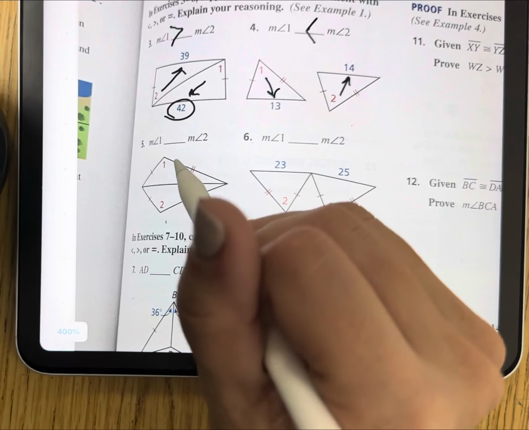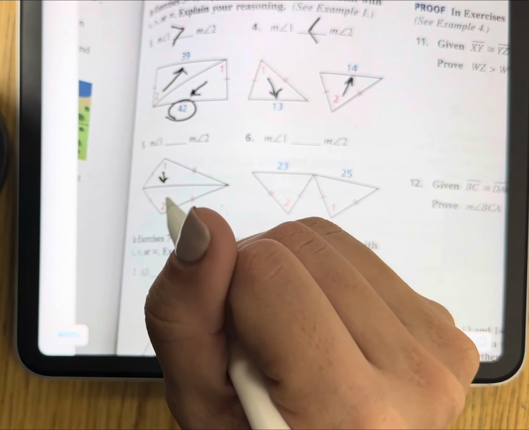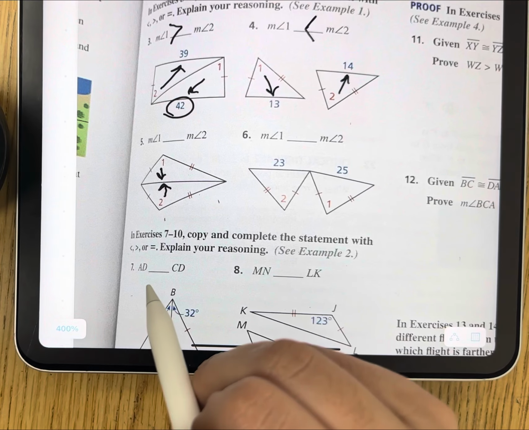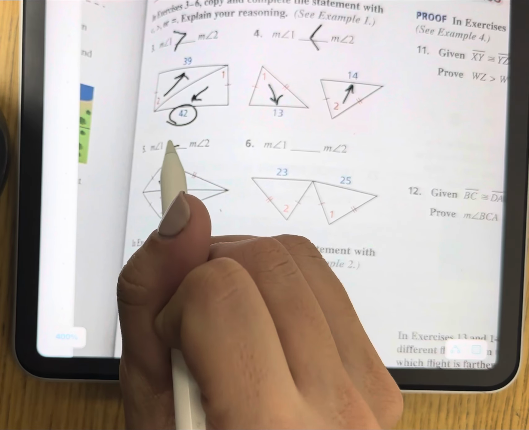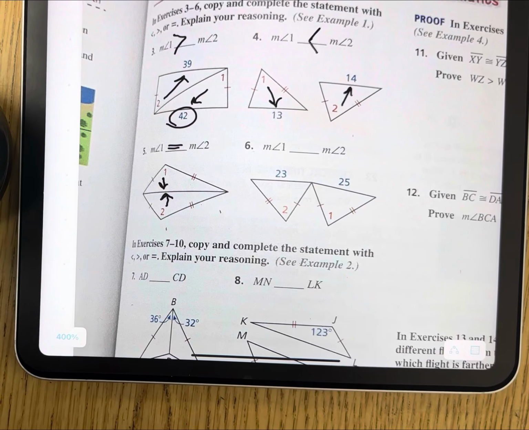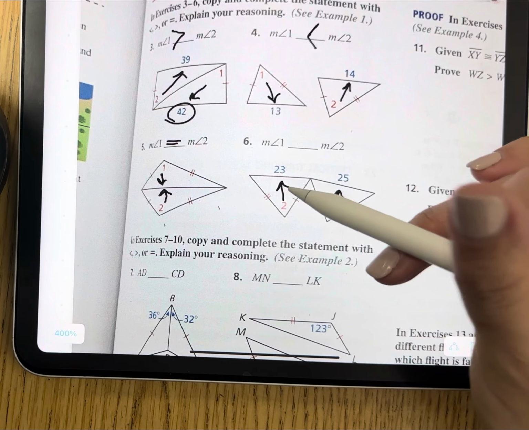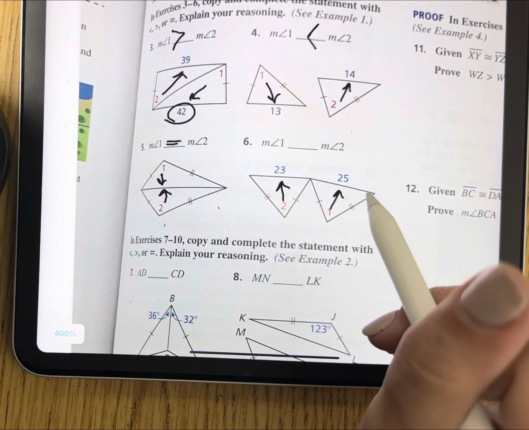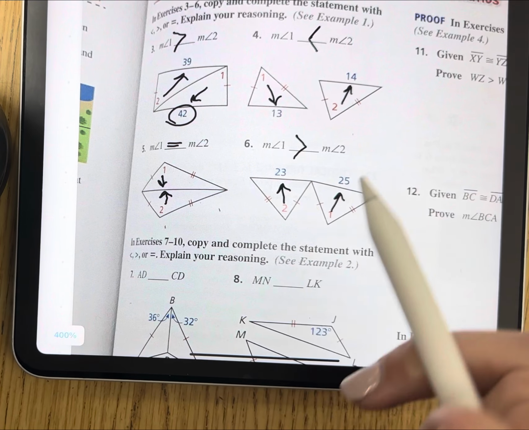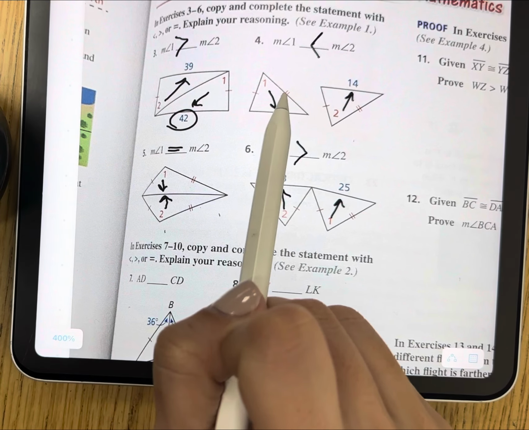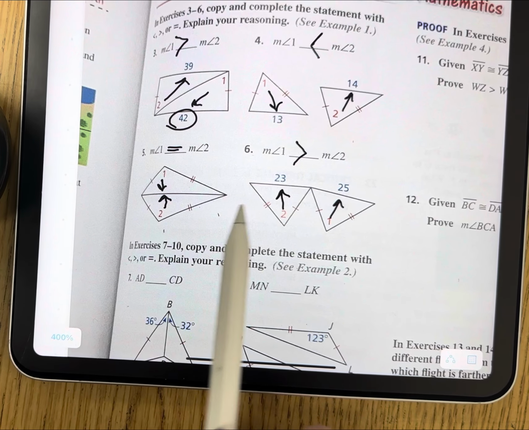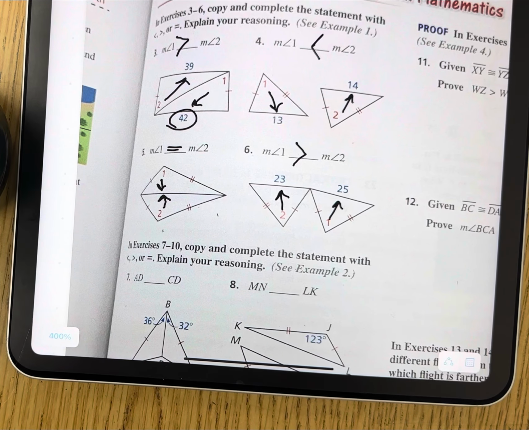For number 5, we've got the same side, so they're going to be equal. And number 6, across and across. So across angle 1 is greater. Now, of course, I did have to make sure that I had 2 congruent sides on all of these before I started making these comparisons.